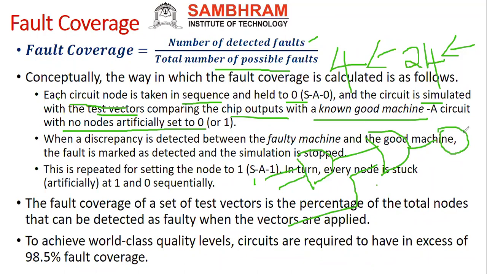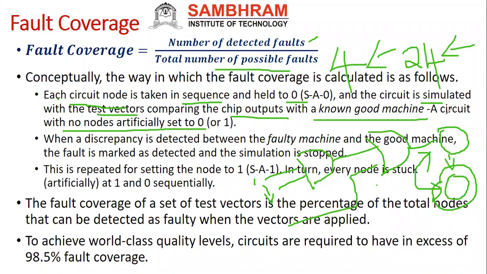For example, this is my original output. Once I apply the stuck fault, these two outputs will be compared. The original output will be compared with the faulty one. If after testing both are matching, then I can say it is a known good machine.